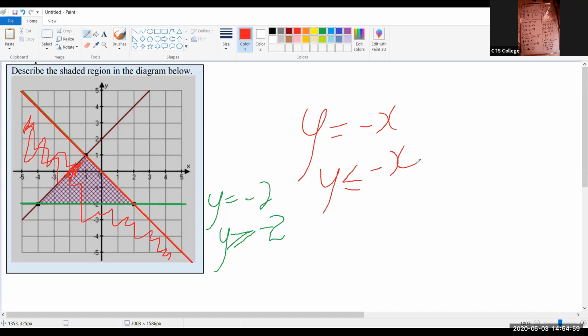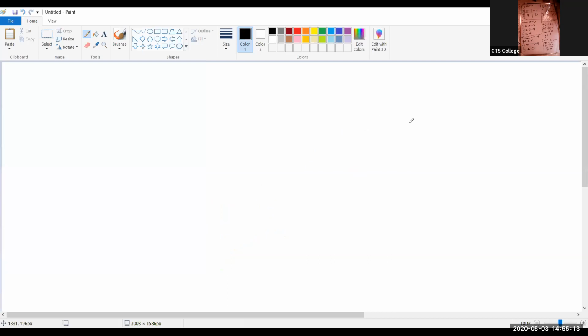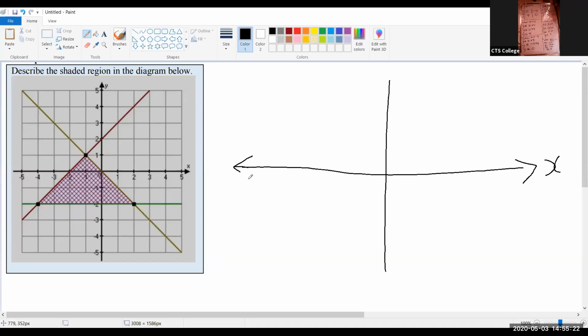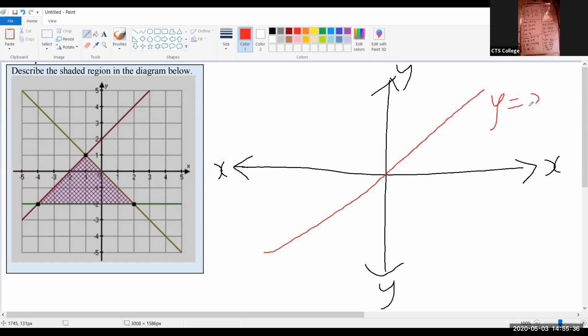Yes, sir. Right? So let me just make something real clear. Suppose we have a Cartesian plane here. Obviously, you all know this is the x-axis and this is the y-axis, right? If we have a line that passes through the origin like this, the equation of that line is y is equal to x, if it is going in that direction.